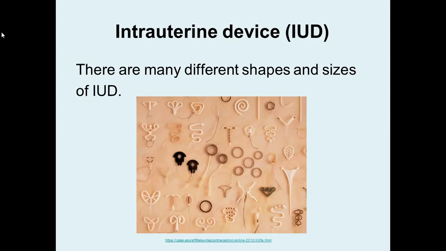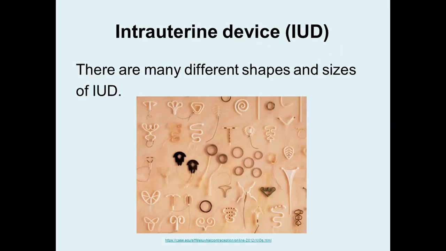So you would write intrauterine device in brackets IUD, and after that you're allowed to use IUD for that test or exam. It doesn't mean for the rest of your life you're allowed to write IUD.